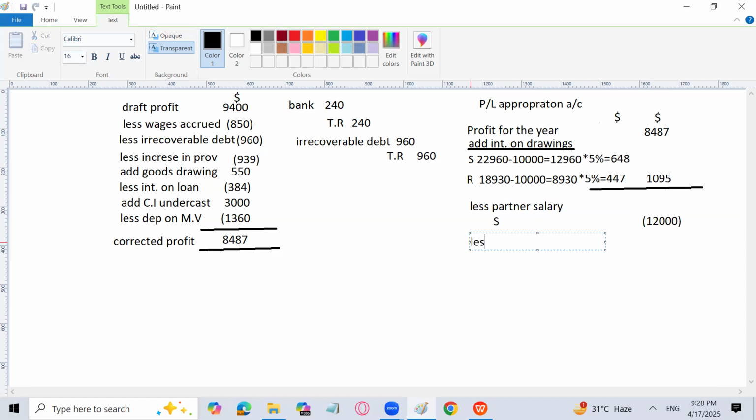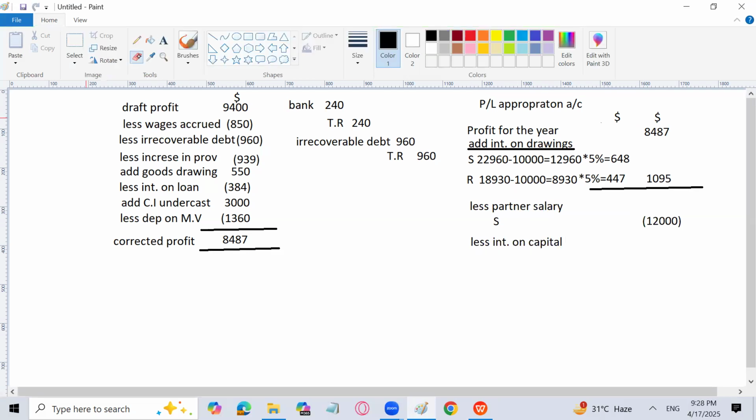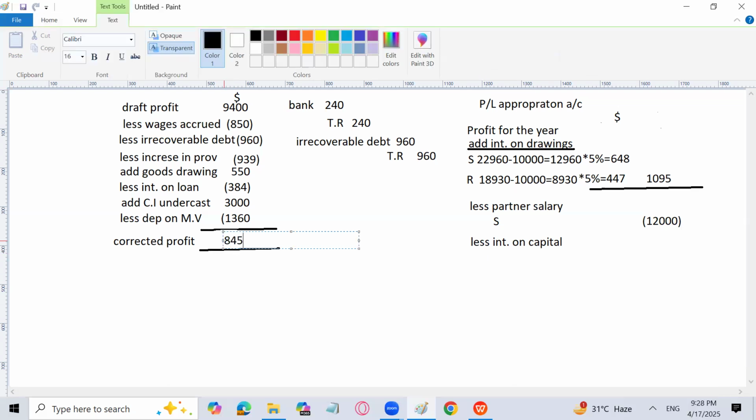Then you have to subtract interest on capital. So the corrected profit is going to be 8457. Thank God we have corrected it at the right time. So let me correct it. 8457.